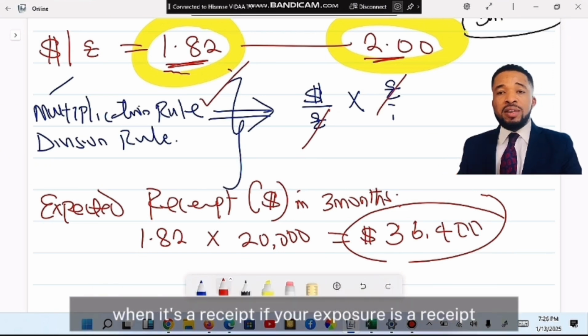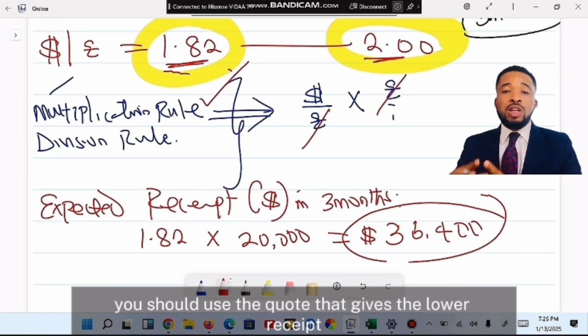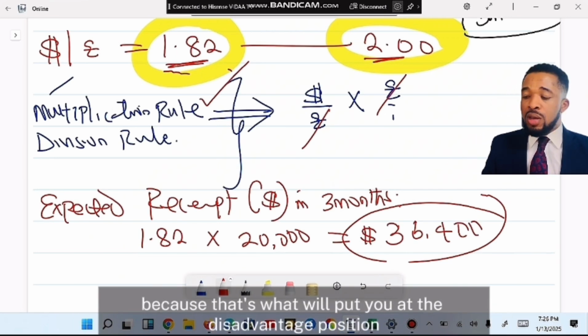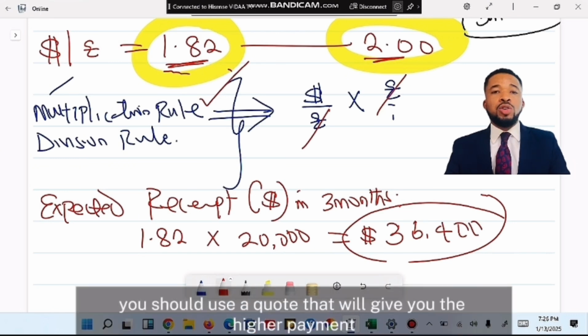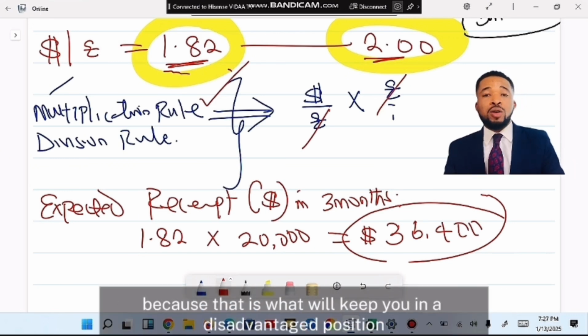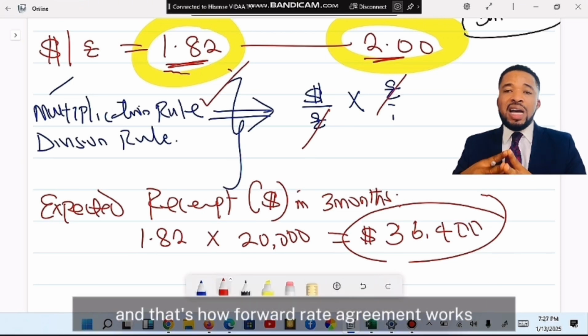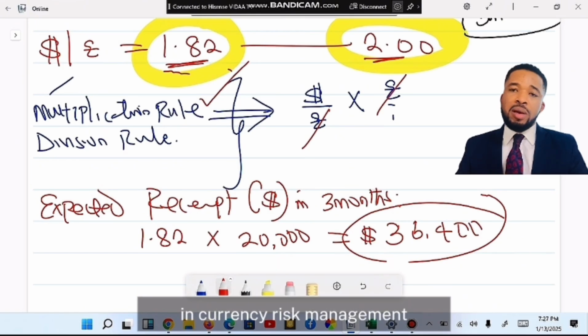If your exposure is a receipt, you should use a quote that gives the lower receipt, because that's what will put you at a disadvantaged position. If it's a liability, you should use a quote that will give you the higher payment, because that is what will keep you in a disadvantaged position. And that's how forward rate agreement works in currency risk management.